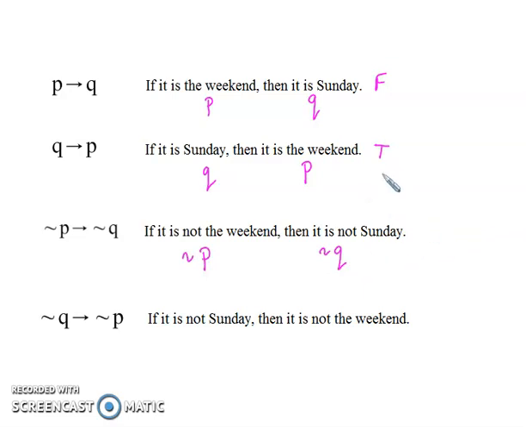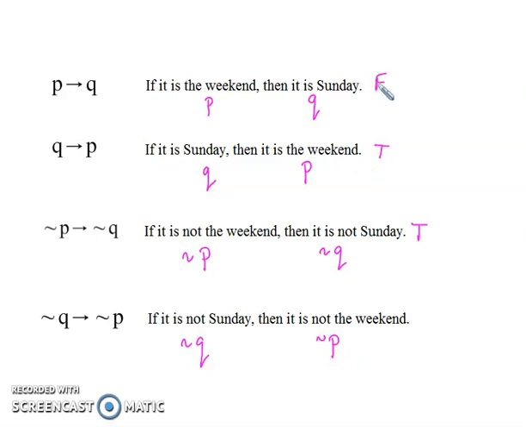It will have the same truth value as the converse. So in this case, the converse is true, so therefore the inverse will be true. If it is not the weekend, then it is not Sunday. And the contrapositive: if it is not Sunday, then it is not the weekend.